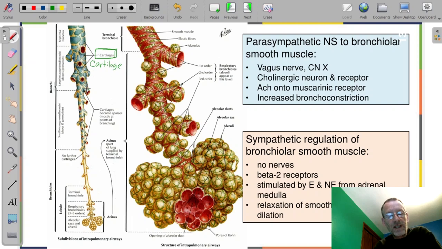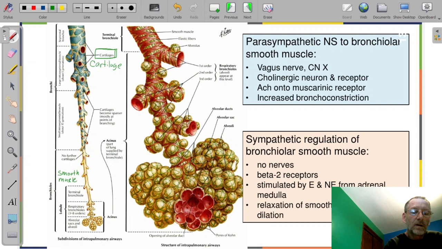And further on down, as you go deeper into the tree, the cartilage becomes less and less until what predominates is smooth muscle. So there's been this transition of tissues. And the upper airways that are dominated by cartilage do not bronchoconstrict.